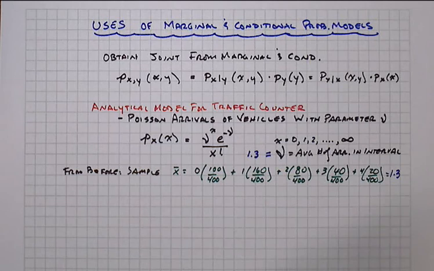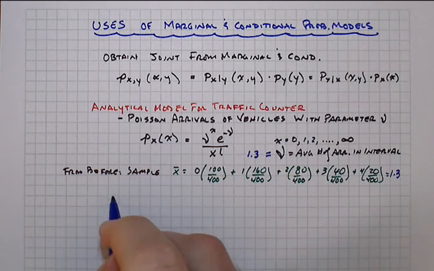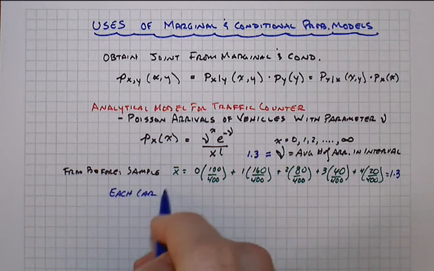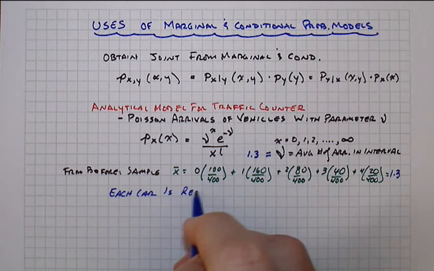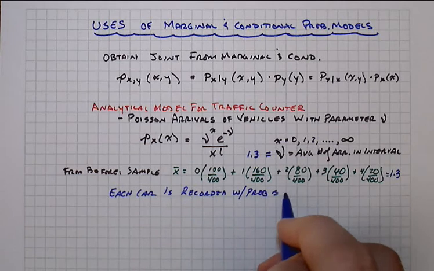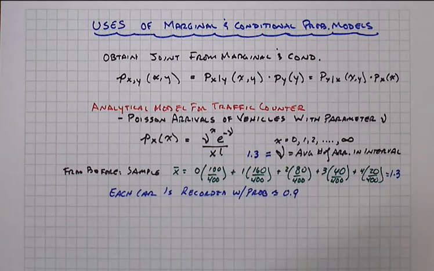Also from before, we know that the probability that each car is recorded is about 0.9. It was 0.8725, but for simplicity here we're going to round that up to 0.9.